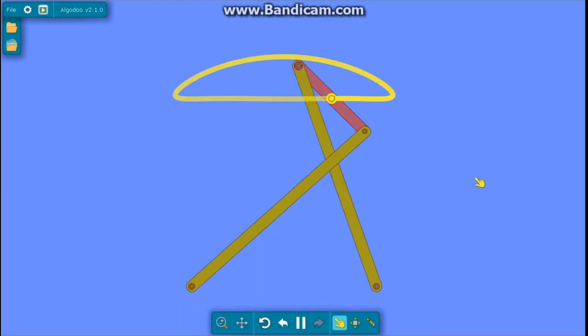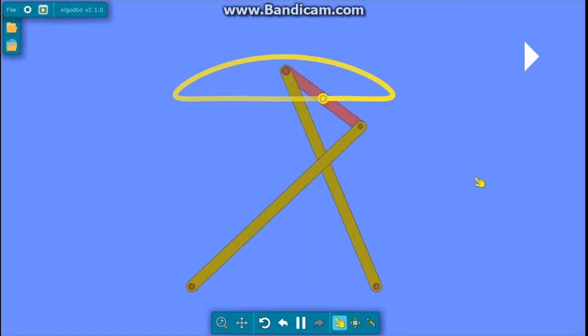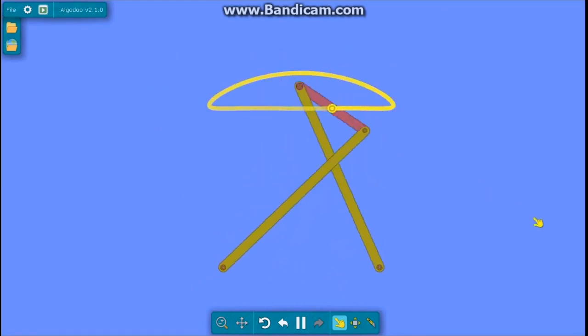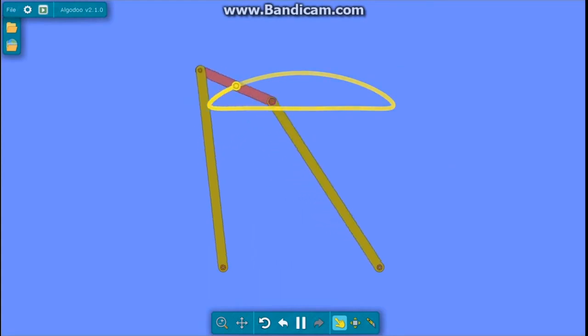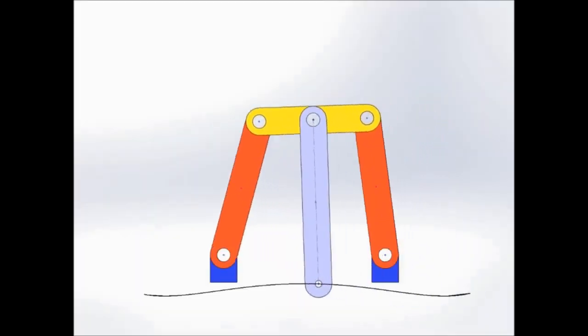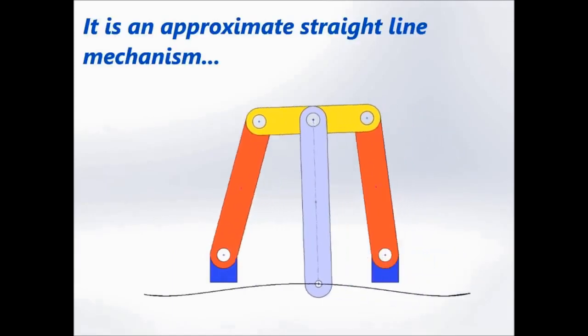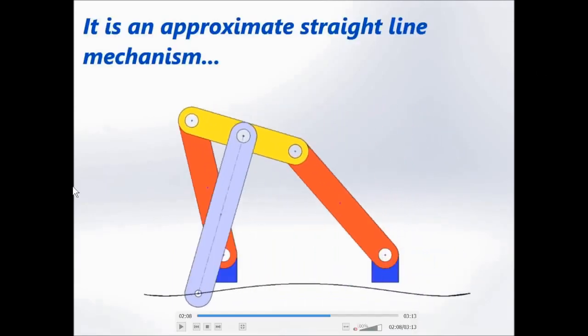Okay, Chebyshev linkage. Then next we have what we call the Roberts linkage. This was Chebyshev; this is the Roberts mechanism. Here you can see the path. Again, we have an approximate straight line. This is another one, the Roberts linkage or Roberts mechanism, a straight line mechanism.